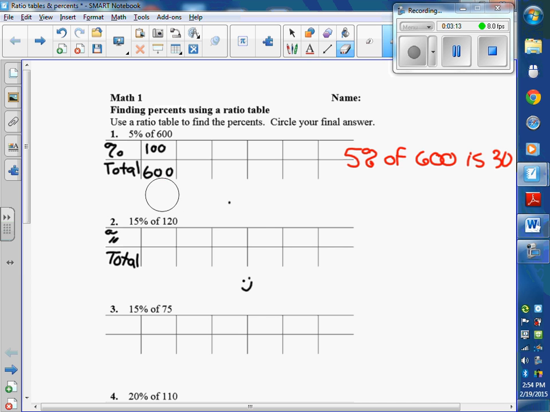Okay, so let's do it a different way, Jack. So you can divide it by 20.